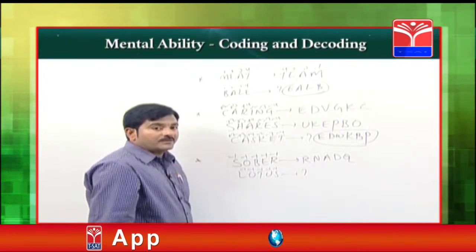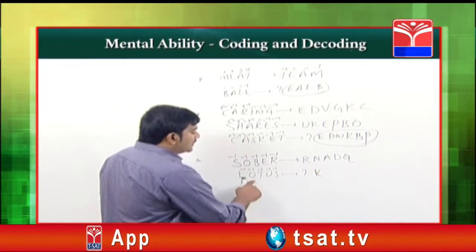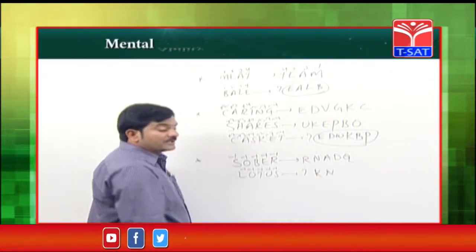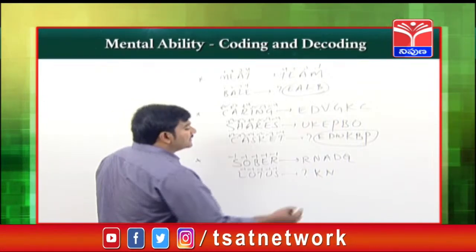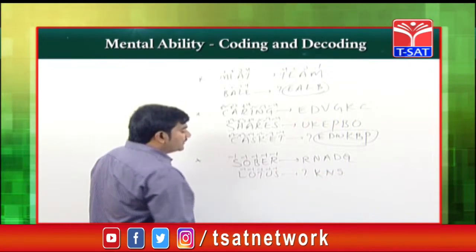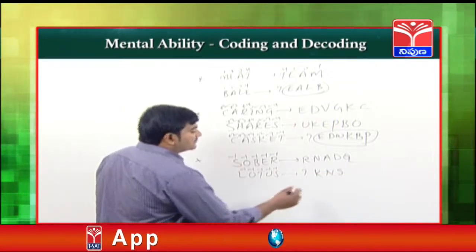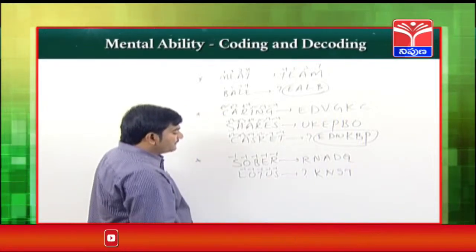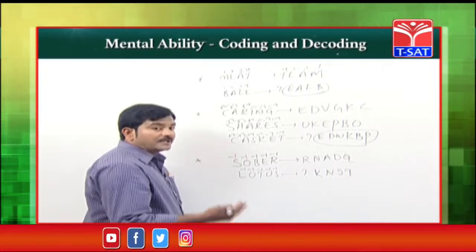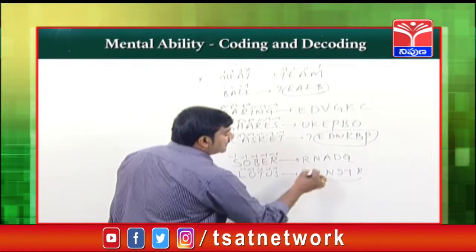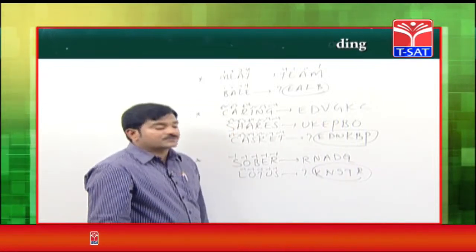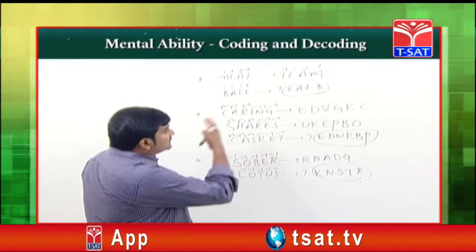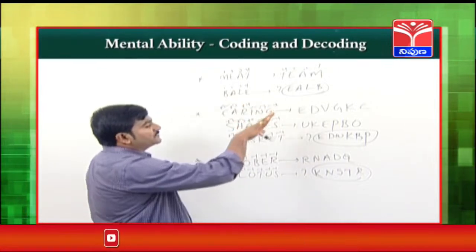L means 12, 12 minus 1 means 11, the 11th one is K. O means 15, 15 minus 1 means 14, the 14th one is N. T means 20, 20 minus 1 means 19, the 19th letter is S. U means 21, 21 minus 1 means 20, the 20th letter is T. Finally S means 19, 19 minus 1 means 18, the 18th letter is R. Hence the answer for the required question is KNSTR.